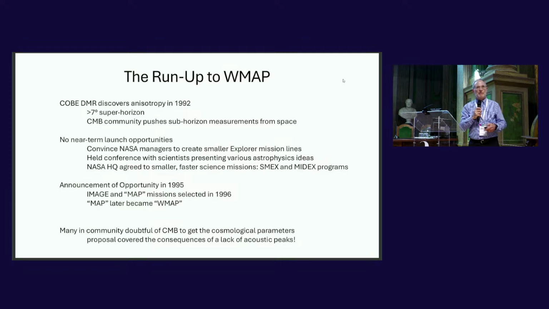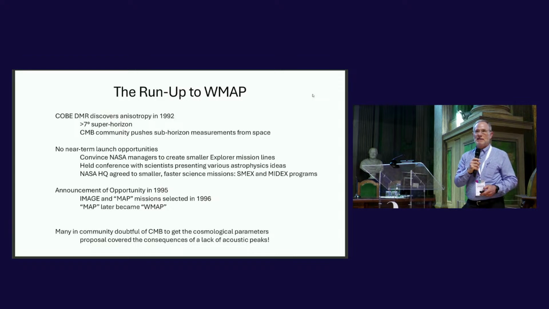We invited astrophysicists from around at least the United States to come in and say, what would they do if they had the opportunity for a smaller mission? And there were lots of very interesting ideas. Some of the managers only wanted to manage huge missions, but we actually won in the end, and NASA headquarters decided to introduce the so-called SMEX and MIDEX programs.